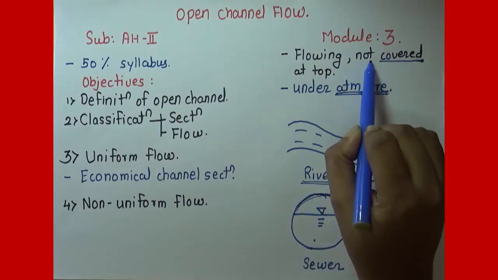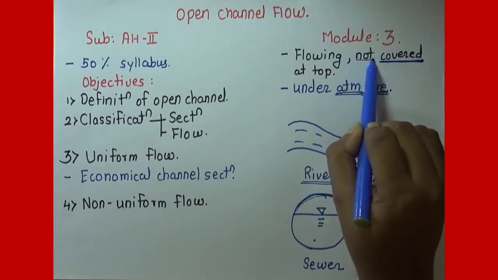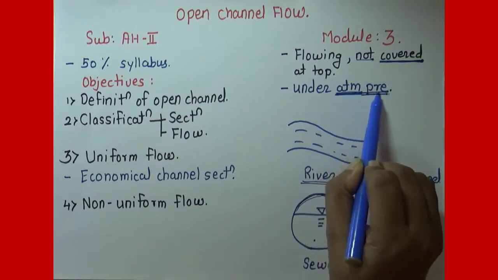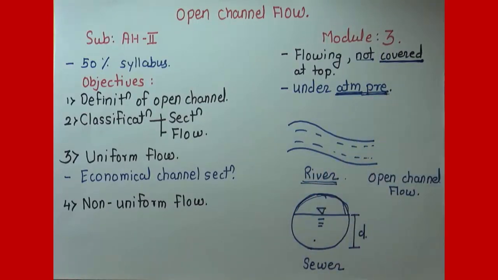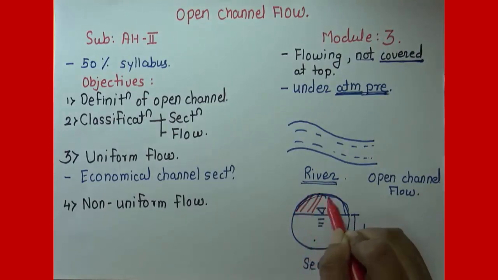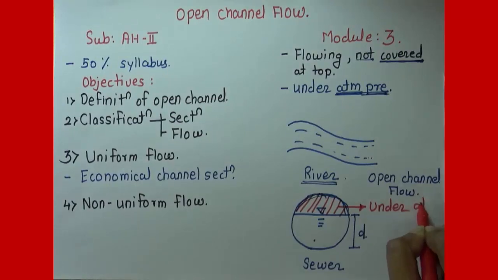But like I have discussed earlier, it doesn't matter whether it is covered at the top or not. What matters is whether it is under atmospheric pressure or not. And as we can see here, this particular region has no water, which certainly indicates that this flow is under atmospheric pressure.